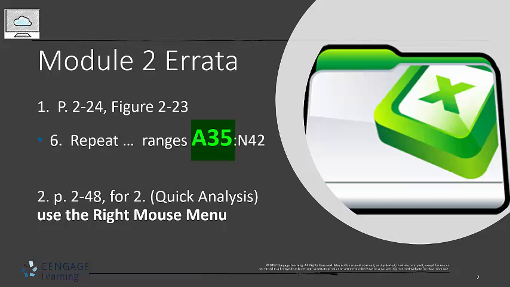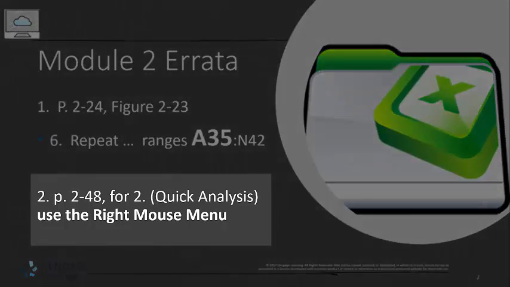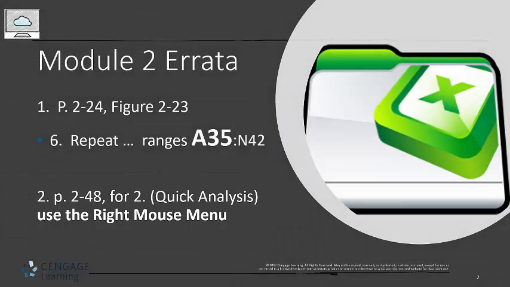It should start at A35. The second typo on page 2-48 for number 2, quick analysis, be sure to use the right mouse menu to find the quick analysis. That instruction was left out of the textbook.